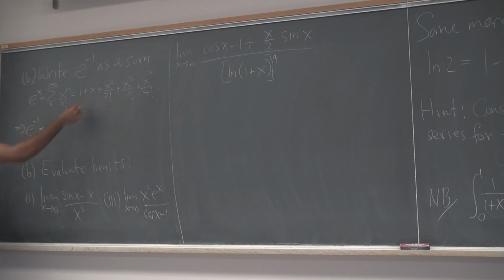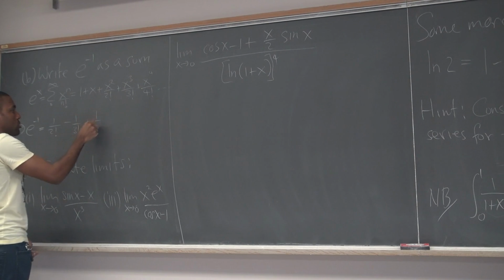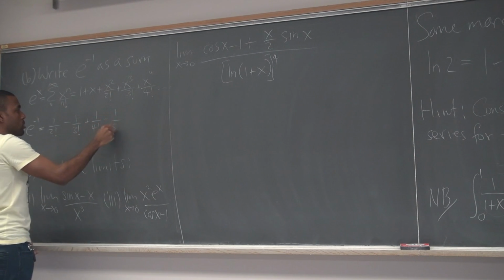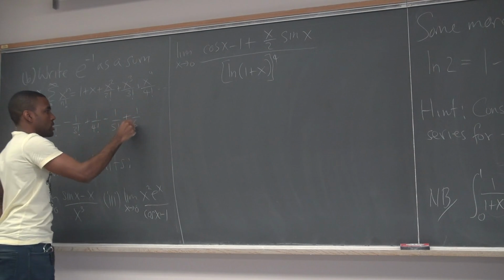So plug in 1 minus 1, that gives 0. Plug in minus 1 here, I get 1 over this. Minus 1 here, minus 1 over 3 factorial. Minus 1 here, plus 1 over 4 factorial. Minus 1 over 5 factorial, plus 1 over 6 factorial.